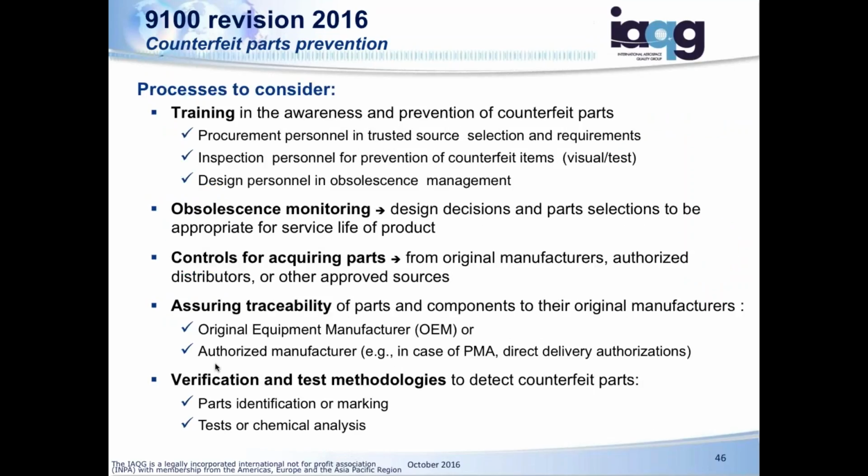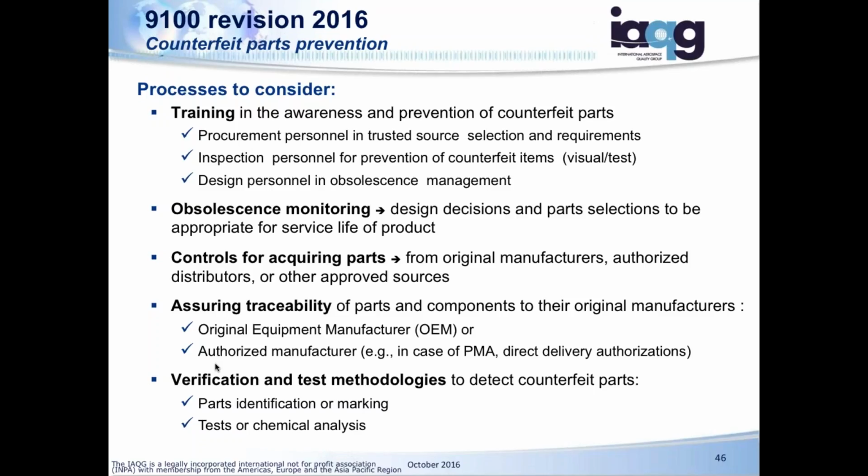With that being said, here are some things to consider. First is training. What are those opportunities for counterfeit parts within your process? How do I make sure that my procurement personnel, of course, they have incentive for trying to go to the low-cost producer? Well, guess what? Sometimes if it sounds like it's too good of a deal, it's because it is too good of a deal.